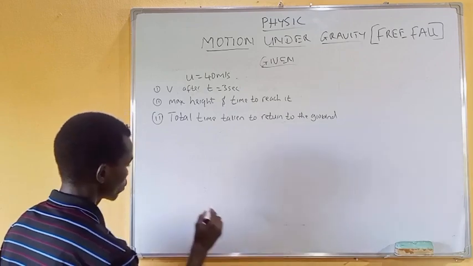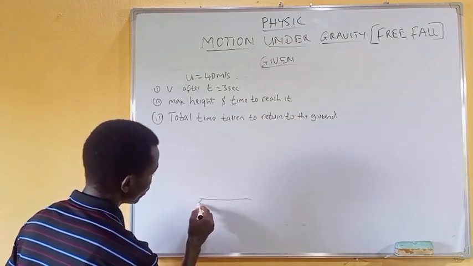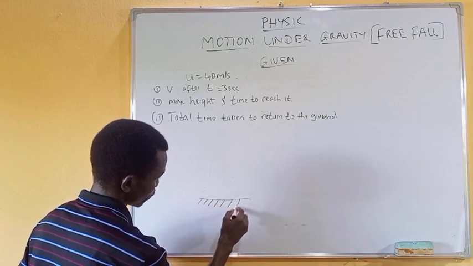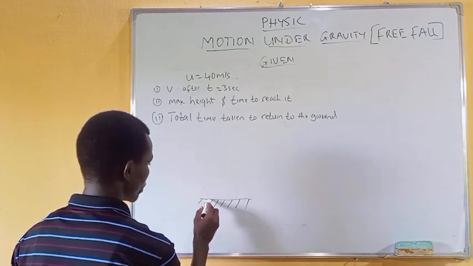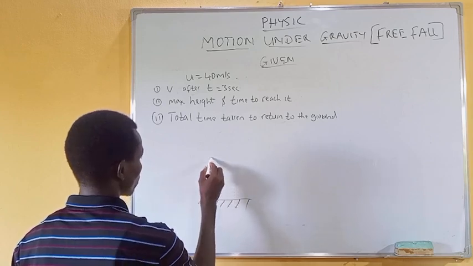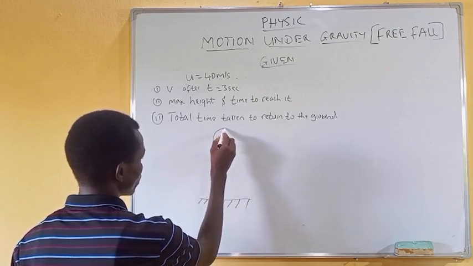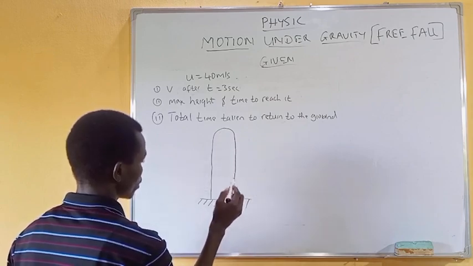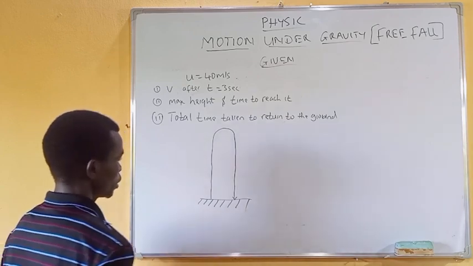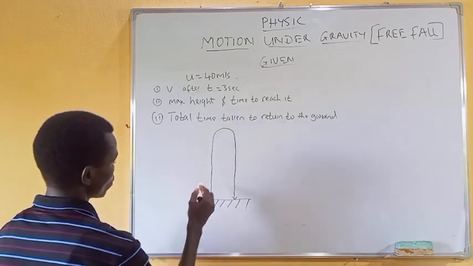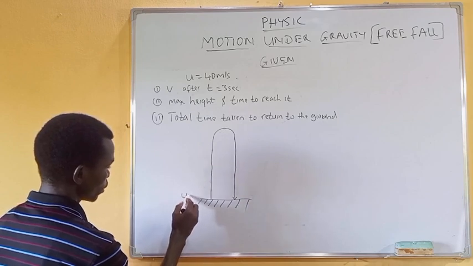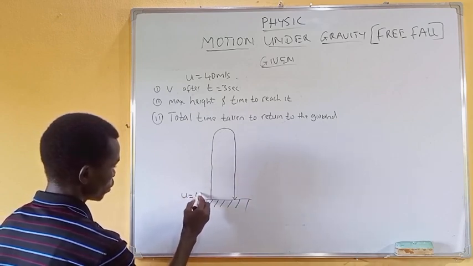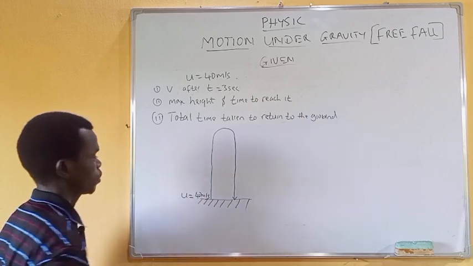Let's draw the diagram for this question. Let's say here is the ground state, and a cricket ball is projected upward until it reaches the height, then returns to the ground state. In this upward movement, we have initial velocity to be 40 meters per second.